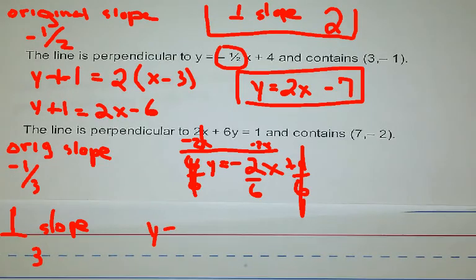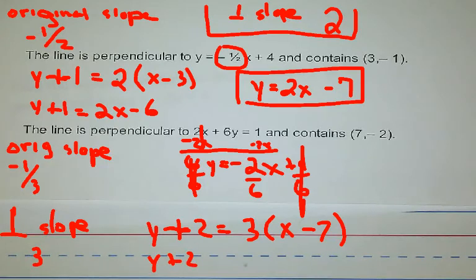Y minus the number they give me, which is negative 2, equals the slope, 3, times x minus the number they give me, 7. Yay! Okay, y plus 2 equals, let's say, 3x minus 21. Yes! Booyah! And then that would be subtract 2 from both sides.